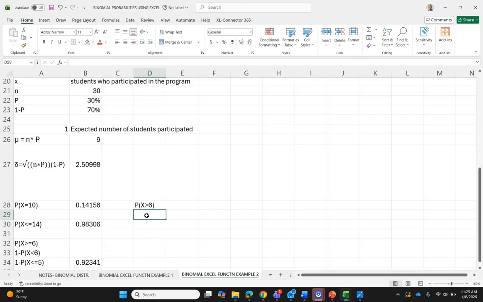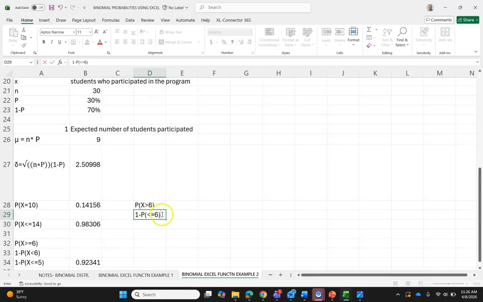So since it is the probability of greater than 6, we're going to look at 1 minus probability. So you can see that here 6 is not included. So we are going to say less or equal to 6 because 6 is not included here. So we're going to find something which is 6 and below.